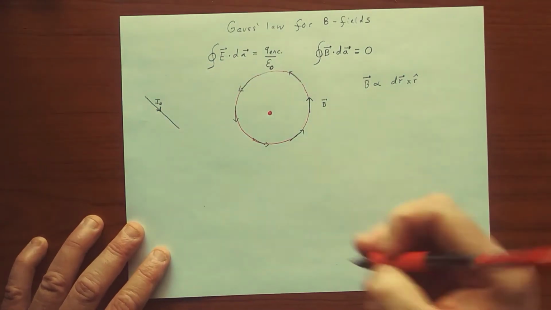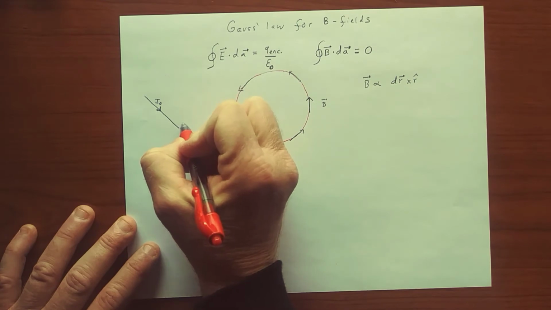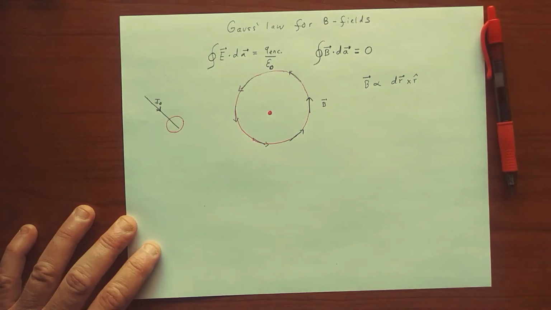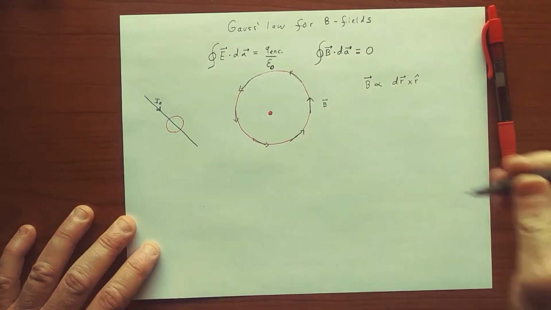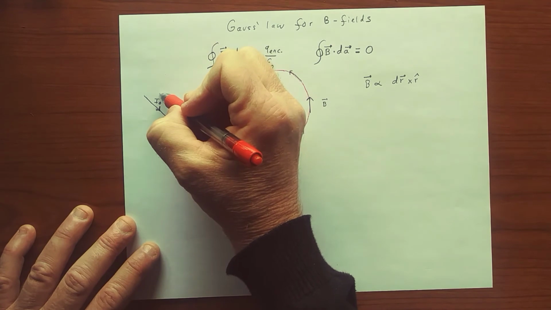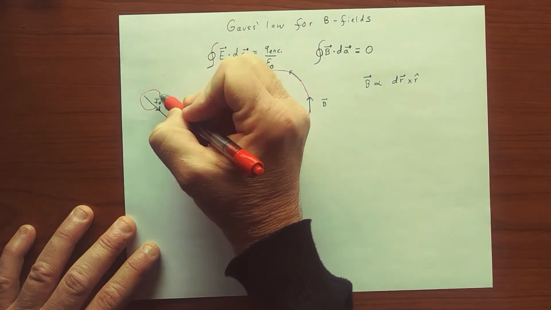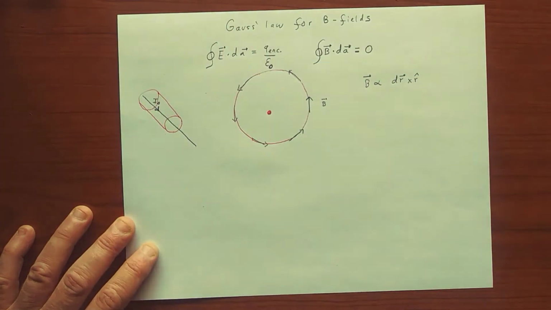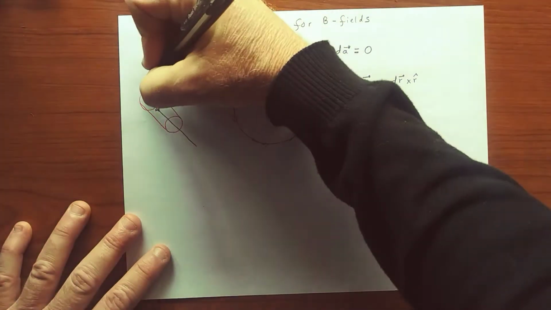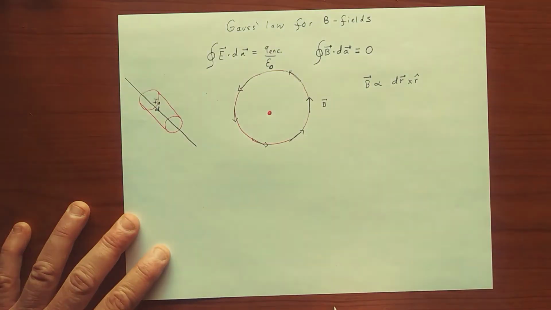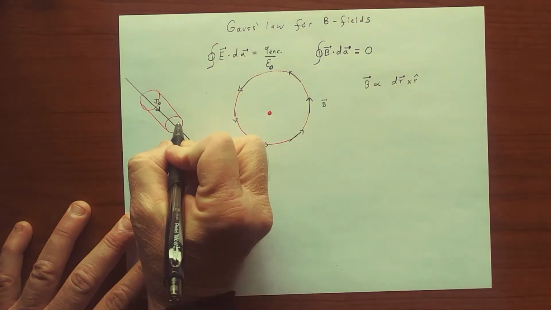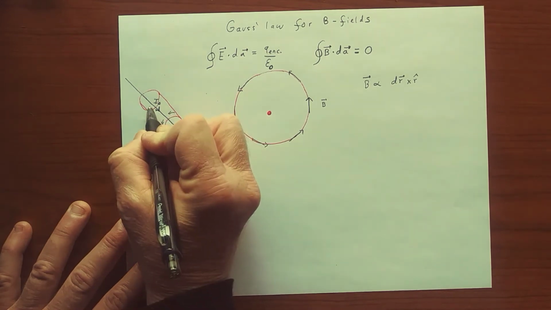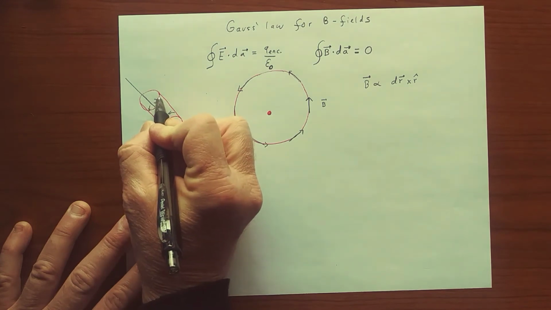Then our cylinder looks something like this, where the current continues to go this way, and we're going to close it off at some point. The wire continues this way. So the field circles around, and on this part of the cylinder, the field is pointing like that.